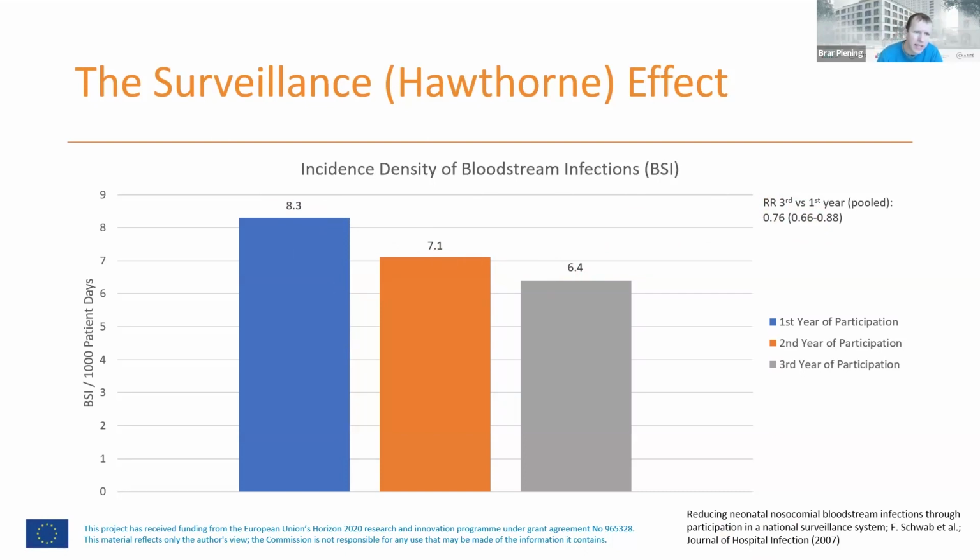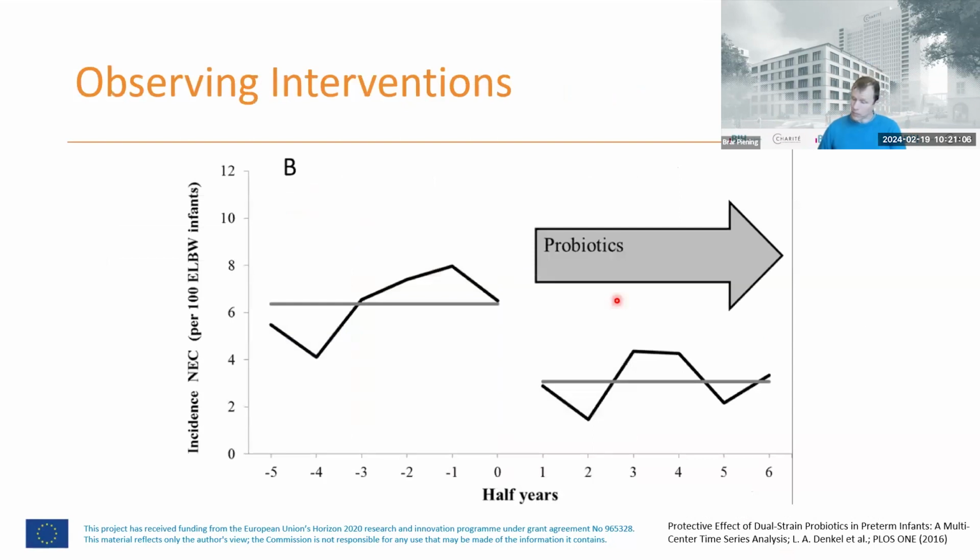But typically, especially high outliers start thinking about how they can potentially optimize their infection control practices, and this leads to the surveillance effect. So this is not directly attributable to surveillance, but rather indirectly because of maybe hundreds of little interventions of people who are now aware that they might be outliers.